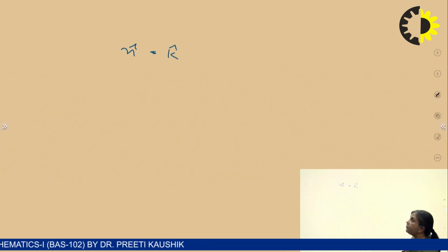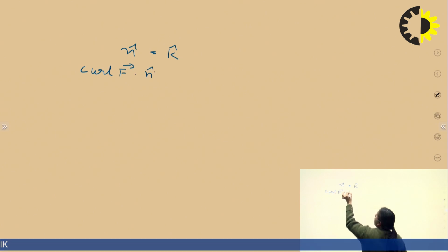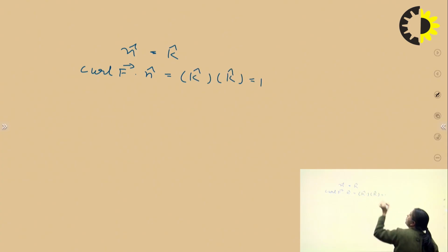If we find the dot product of curl of vector F and n cap, then we get curl of vector F dot n cap is k cap into k cap, that is equal to 1. And now by using Stokes theorem, we have to find the surface integration of curl of F vector dot n cap.